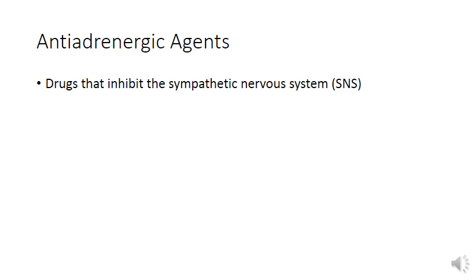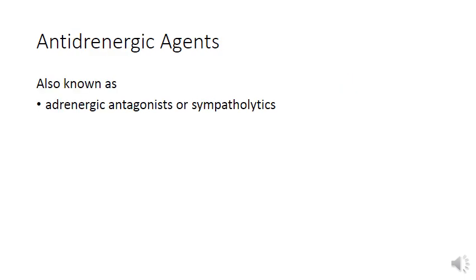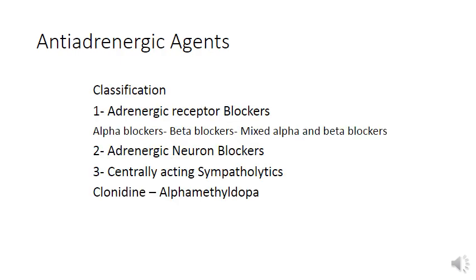Some sympatholytics do not act on the receptors directly, but they are adrenergic neuron blockers. They antagonize the sympathetic nervous system through inhibition of norepinephrine, and we call them adrenergic neuron blockers, or centrally acting sympatholytics like clonidine and alpha methyldopa.